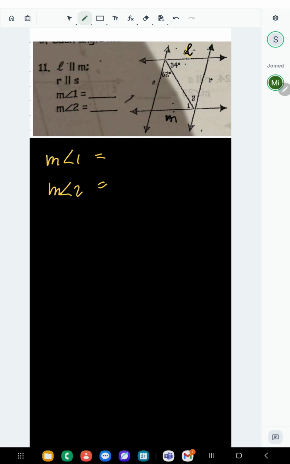Alright. How do you find the measure of angle 1? Angle 1 is, I think that's easy. They are like alternate. Yes. So angle 1 is also 34.